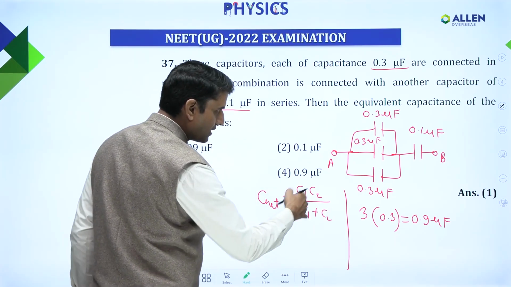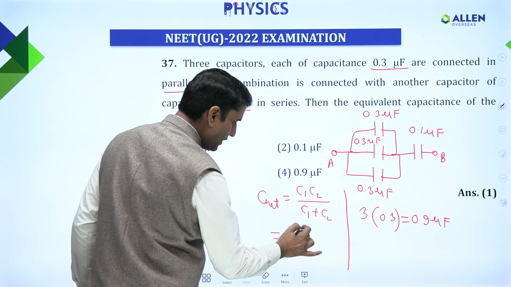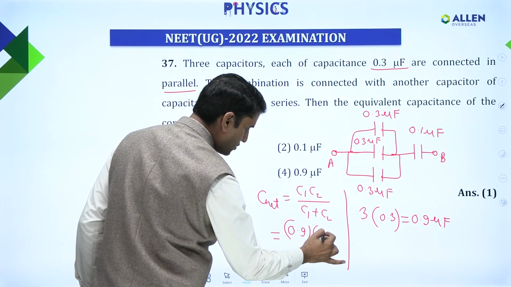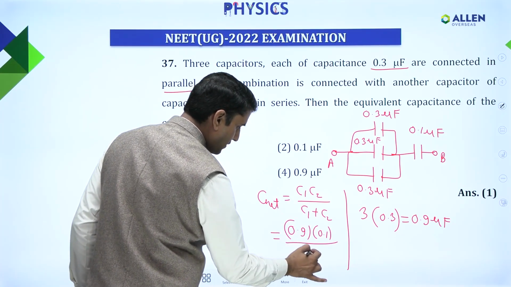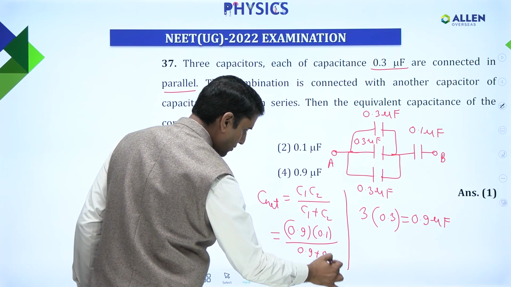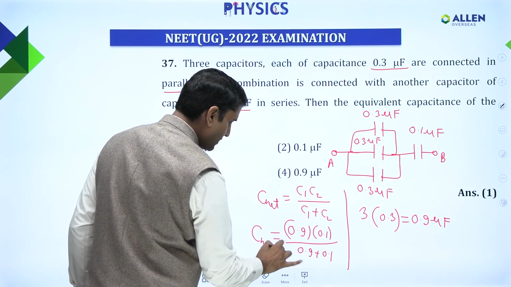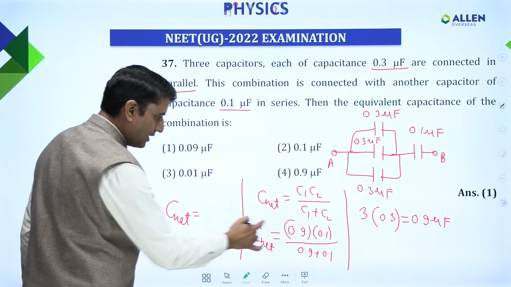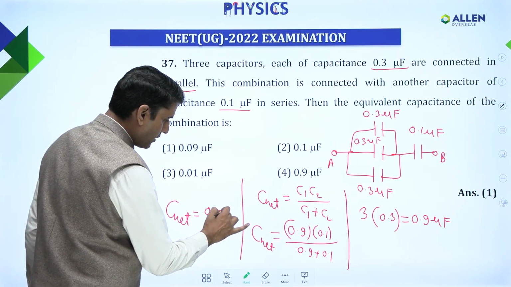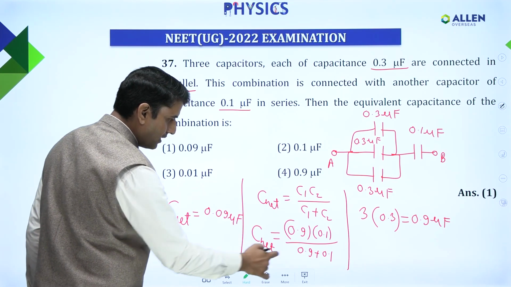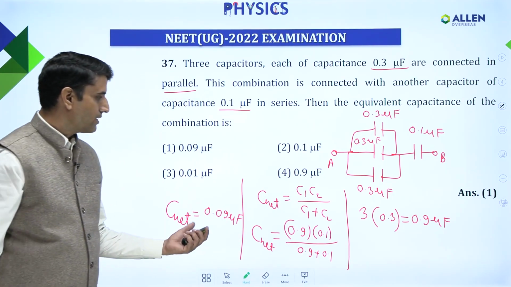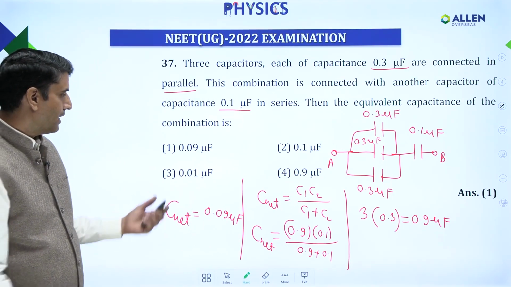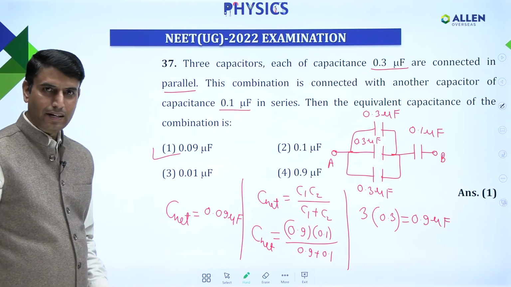Putting C1 as 0.9 and C2 as 0.1 and solving it, we get C net as 0.09 microfarad. This would be option 1. So from here we can see that option number 1 is the correct answer.